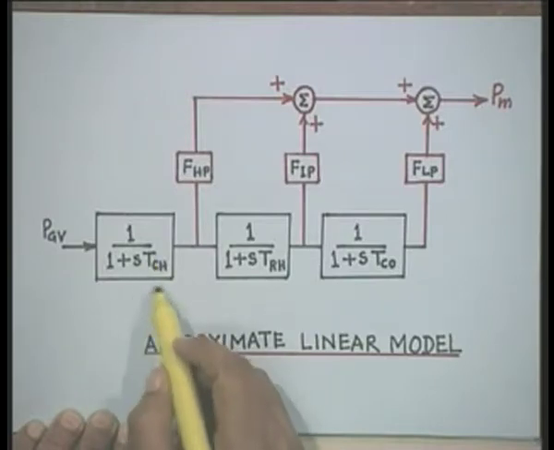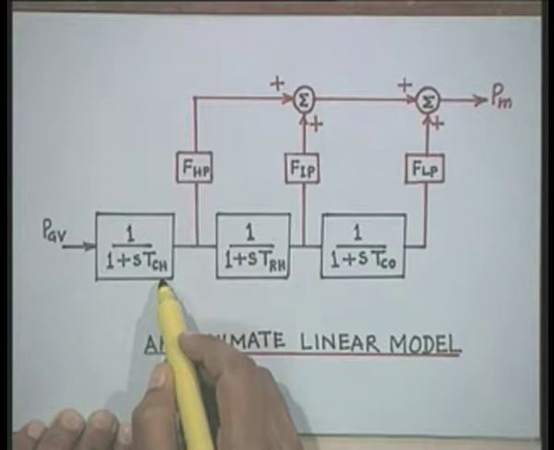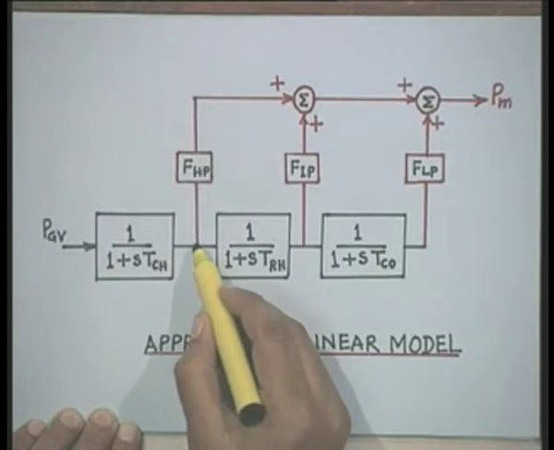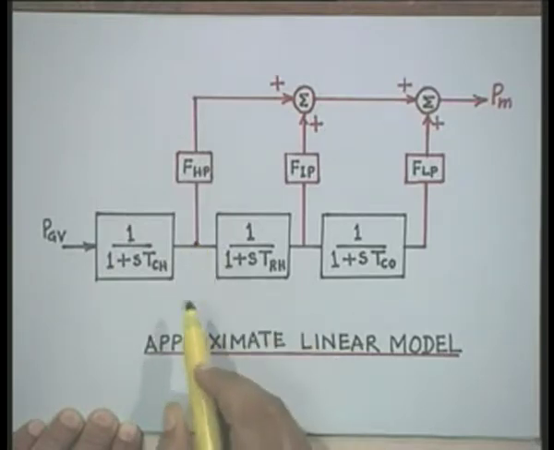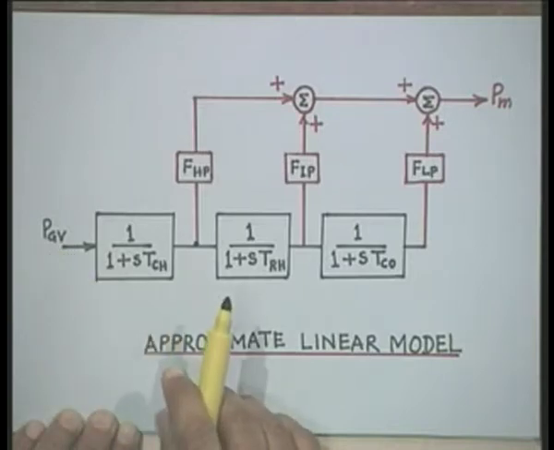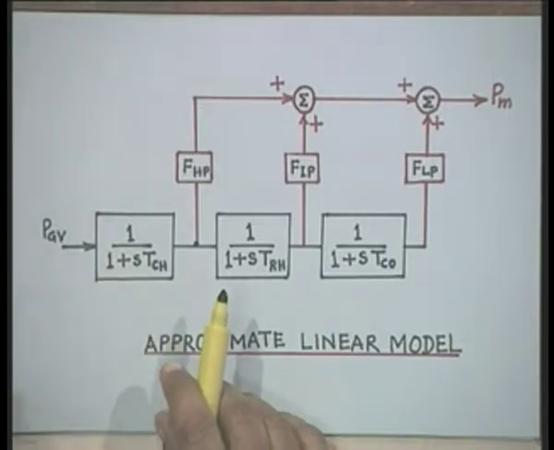The time constant associated with this is TCH, where CH stands for chest. A certain amount of power is produced, and PGV stands for position of the governor valve. PGV depends on the position of the governor valve, which is calibrated in terms of power.